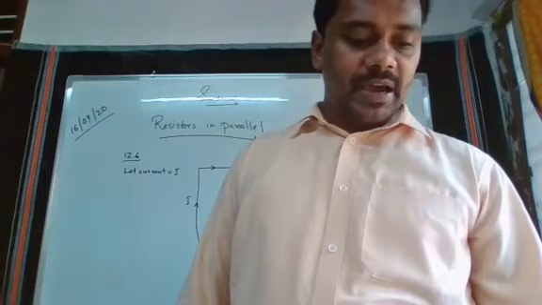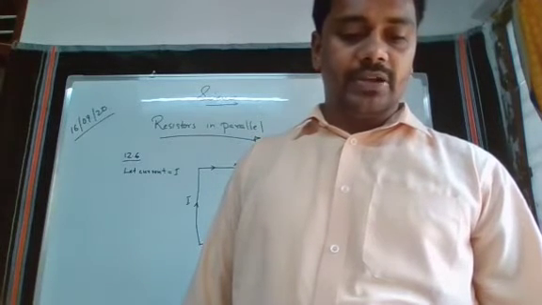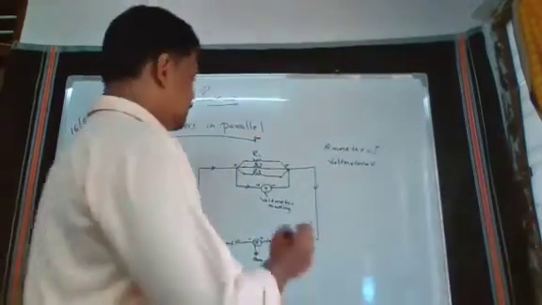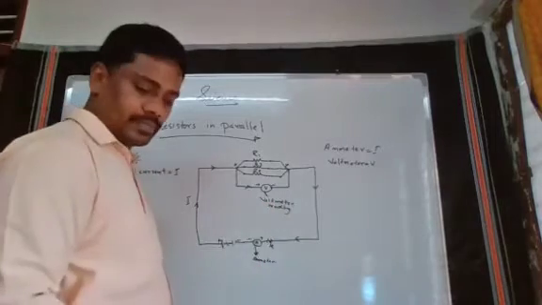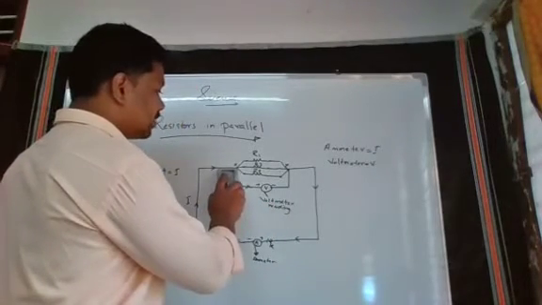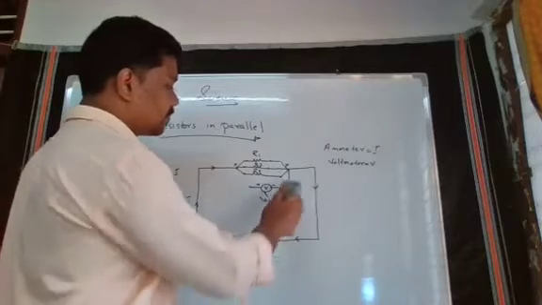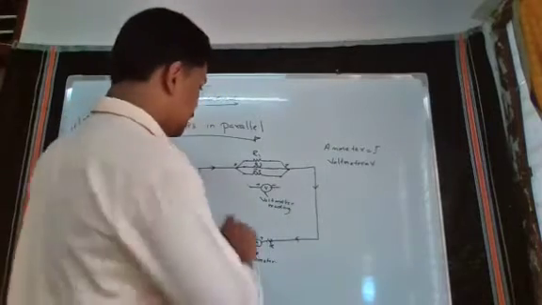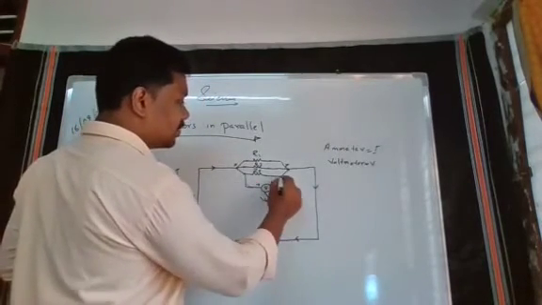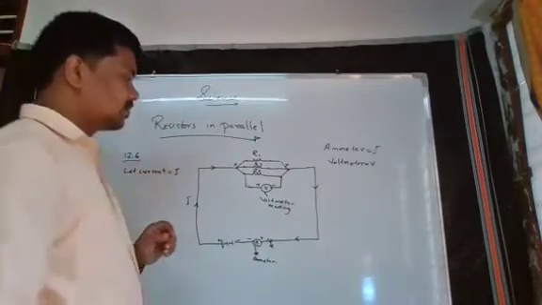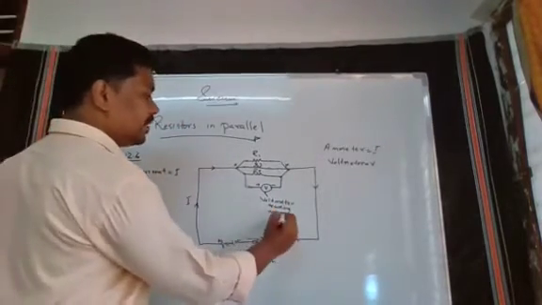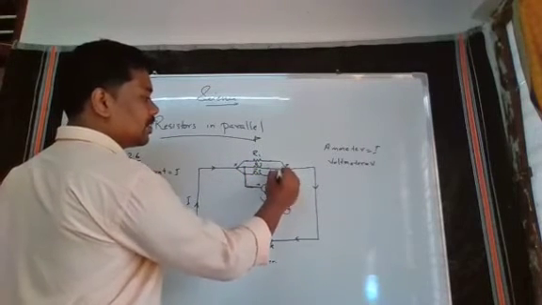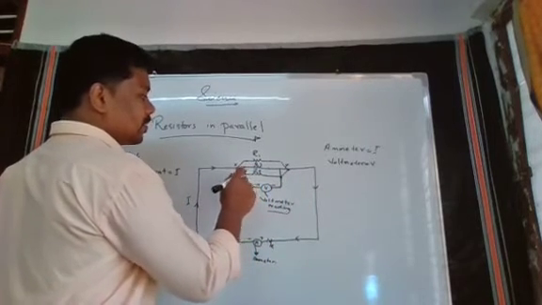We can check by connecting the voltmeter across the individual resistors. How we can check? We can remove this voltmeter from here, and in one step we can connect it over here between these points, and we can check the voltmeter reading. And after that we can connect the voltmeter here.